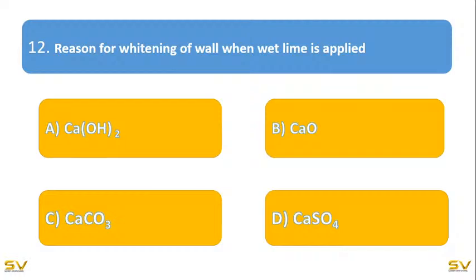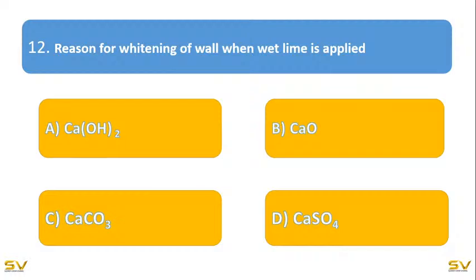Yes, I got answers for the last one. I should come to 12. The 12th question is reason for whitening of wall when wet lime is applied. Is it Ca(OH)2, CaO, CaCO3, or CaSO4?